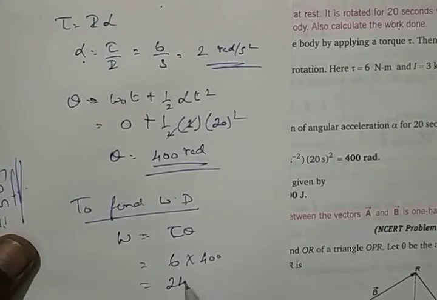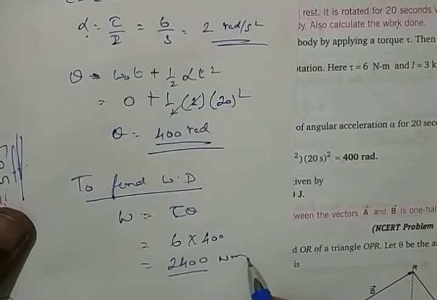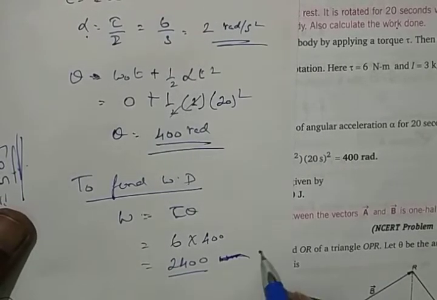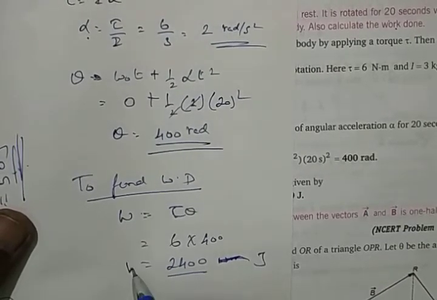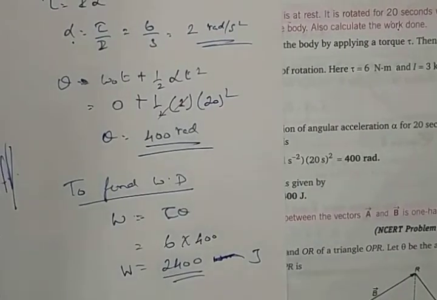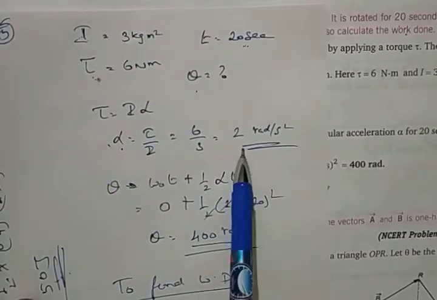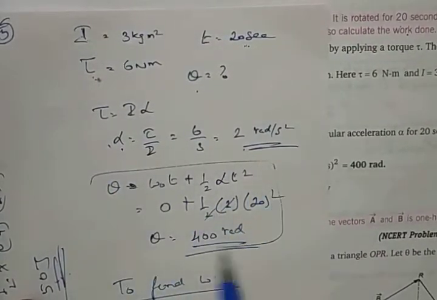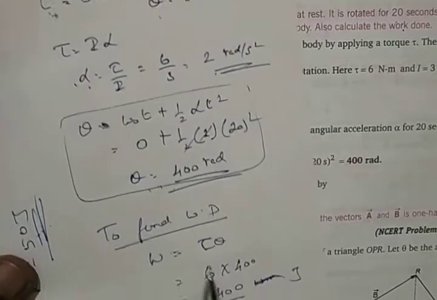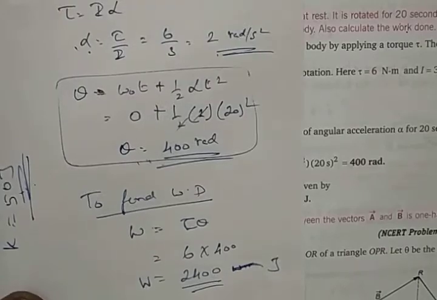So it's going to be 2400 Newton meter. Sorry, not Newton meter, it is joules. That is work done. So it's quite a simple question. Nothing much in it, it is very straight. You find out alpha, and to find out theta is the main thing. Once you have found theta, work done is equal to tau theta, right?